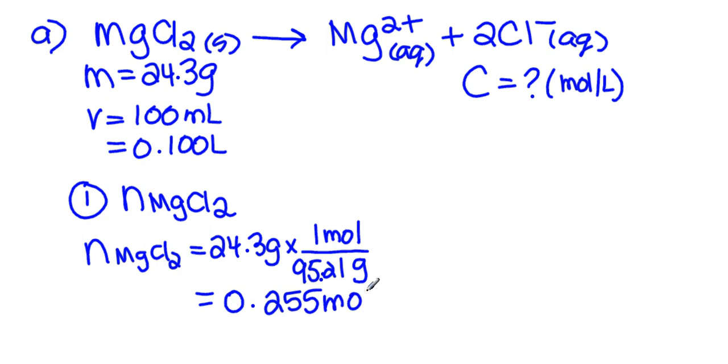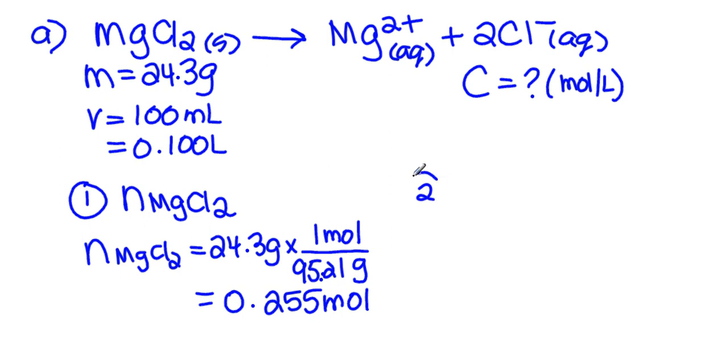But remember, this is moles of magnesium chloride, and in our question, we specifically want information with chloride ions. So this is where some of your stoichiometry comes in with a mole ratio. When we look at our balanced equation at the top, for every 1 magnesium chloride, there are 2 moles of chloride ions being produced. So we can do this calculation very easily.